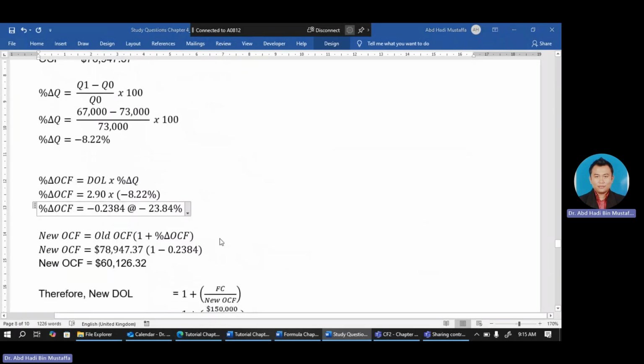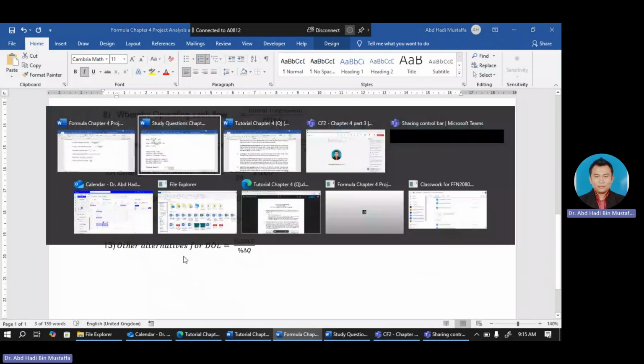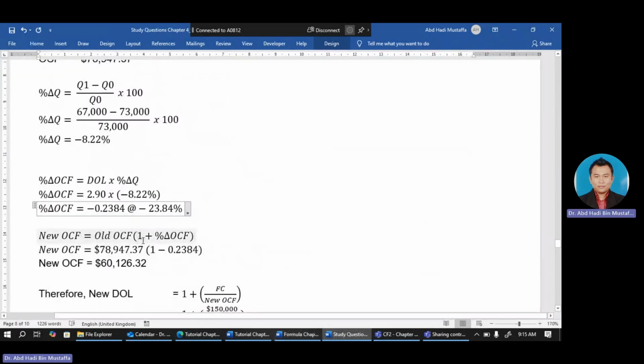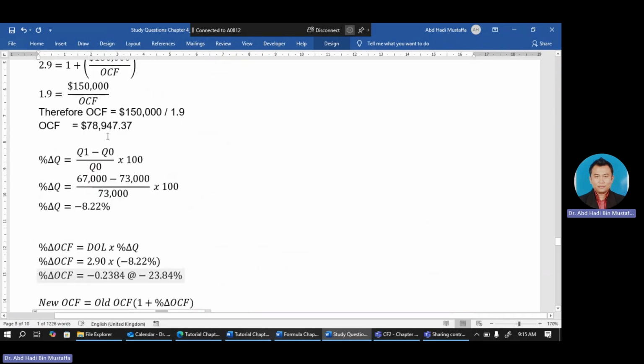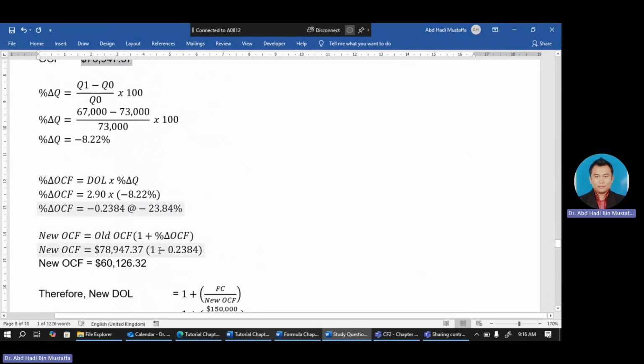Dan barulah kita gunakan formula nombor 12 untuk cari OCF baru. So, OCF lama kali 1 tambah percentage change in OCF. Kalau dia negatif, bermakna kena tolak. Ya. So, 78,000 yang tadi, this one OCF yang lama, ya, kali dengan 1 tolak 0.2384, dapatlah yang ini. Ya, 60,000.